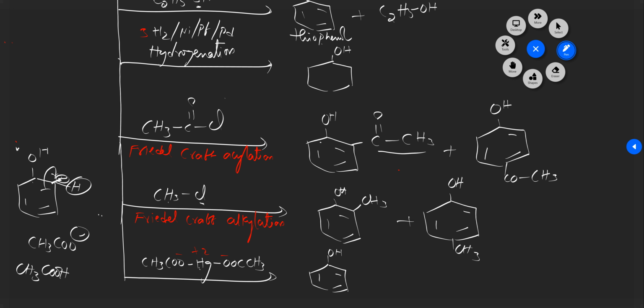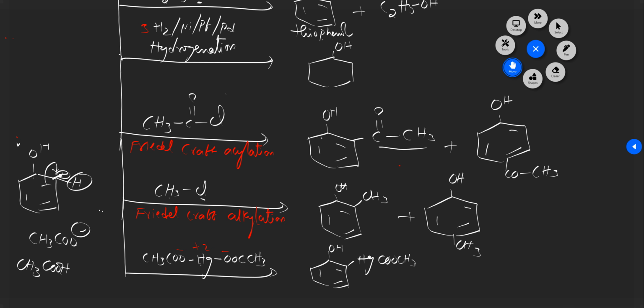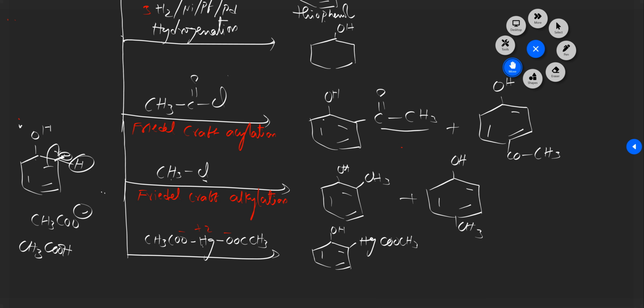OH here, HgCOOCH3, mercuration. Ortho and para positions of groups are going to be possible. This one is OH, and we can add right here HgOOCCH3.